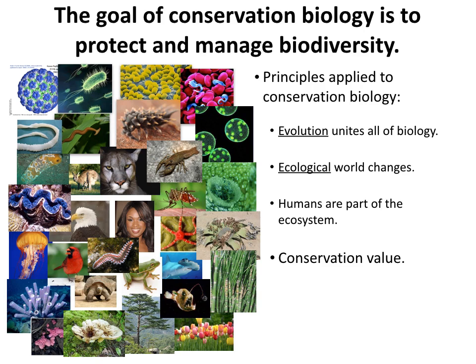When you tie together multiple different fields to form another one, this is what we call an applied field of biology. Conservation biology is going to tie together ecology, evolution, behavior, and a whole bunch of other features of those fields to figure out the best ways to protect and manage biodiversity.